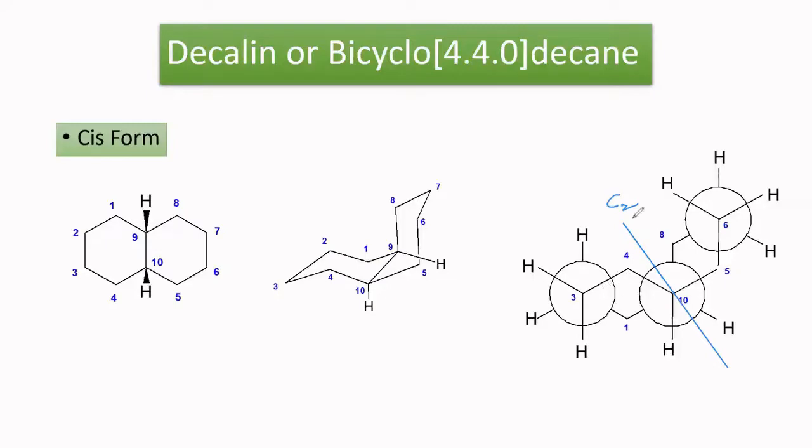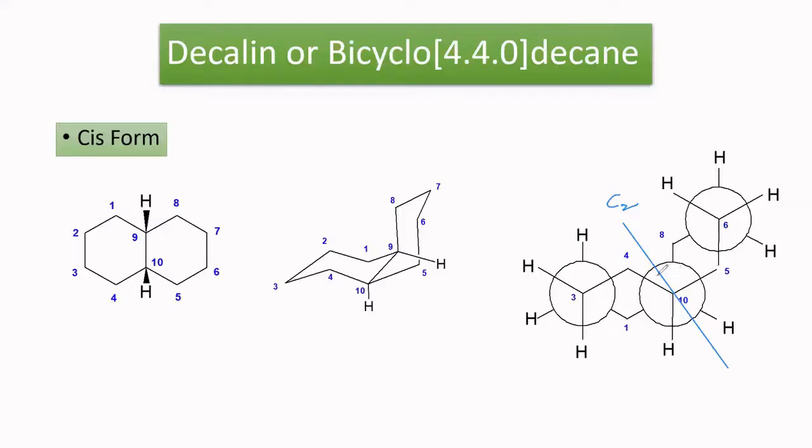If you imagine this axis as a plane, though the two sides look symmetrical, they are not exactly symmetrical. If you look, these two carbons look the same, but this one is above the plane and this one is below the plane. Again, this one is below the plane, this is above the plane. So these two parts are not equal.